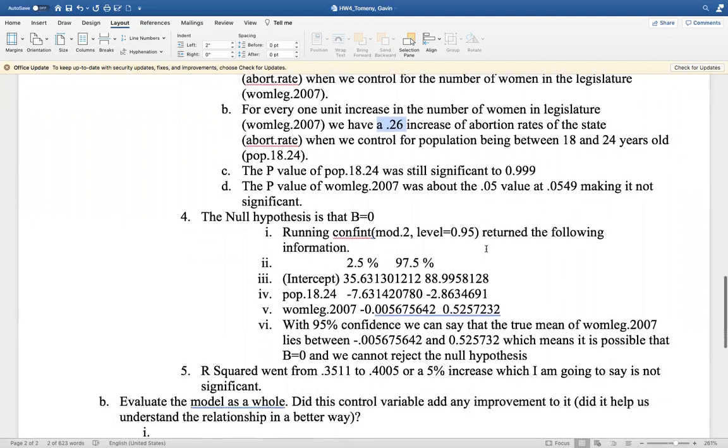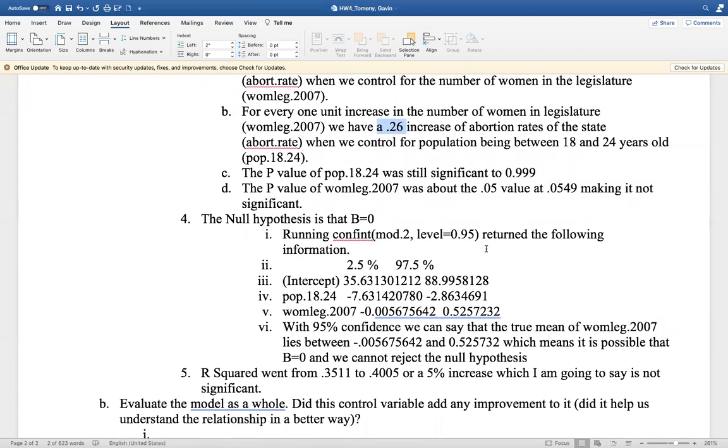Okay. So then the next thing, and this is where I totally think I went off the deep end, but it also made sense to me, and this goes along with checking the p-values, is that the null hypothesis is that B equals 0. Any of these, the null hypothesis of B equals 0 means that there is no relationship.